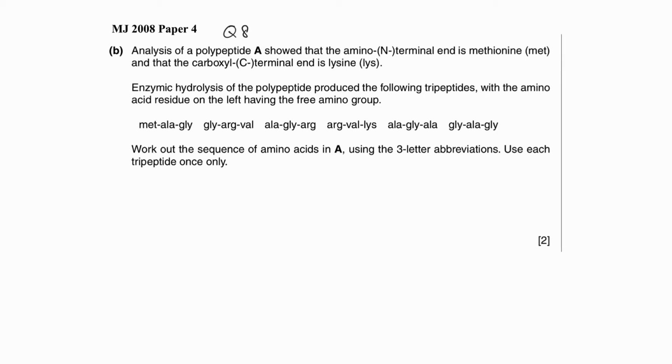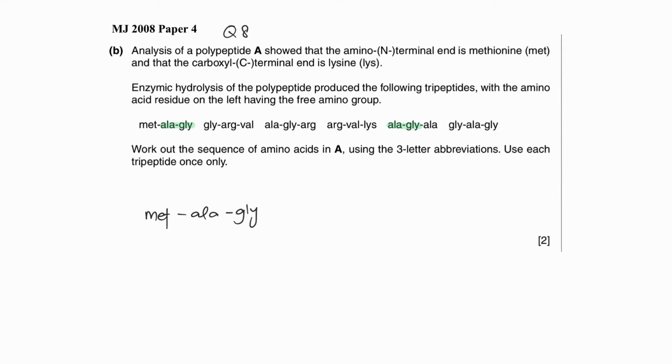So first of all, we got to make use of the first one because we need to start the sequence with MET. So we will have MET, ALA, and GLY for the first tripeptide to use. So from here, we could actually see we have ALA, GLY, and we have here ALA, GLY from another amino acid.